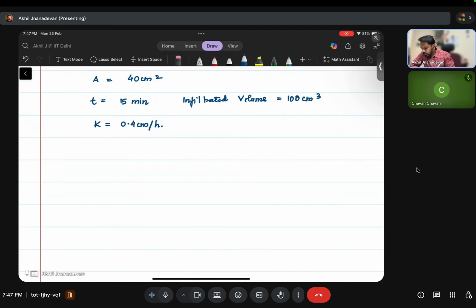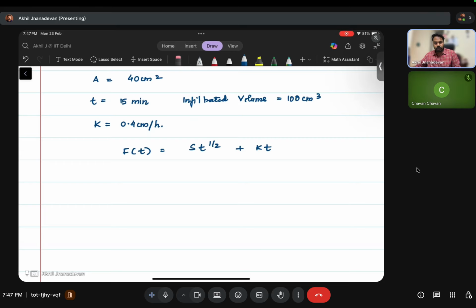So if I write down the same equation here, the Phillips equation is given by f of t is equal to S t raised to half, where S is the sorptivity, plus K into t. We already saw this equation.